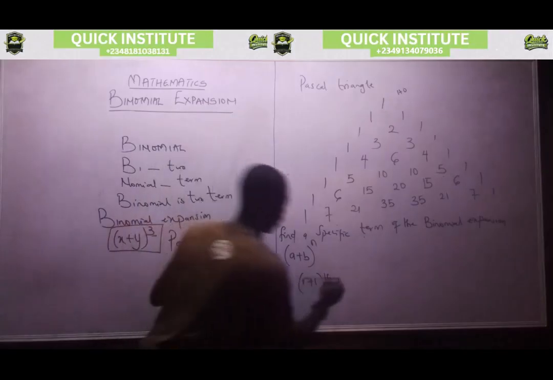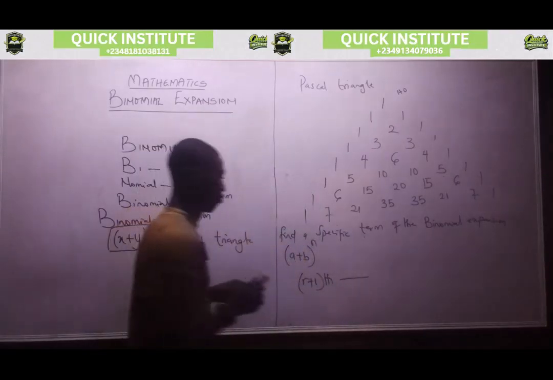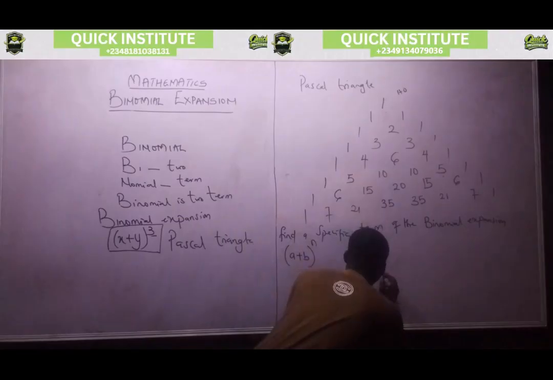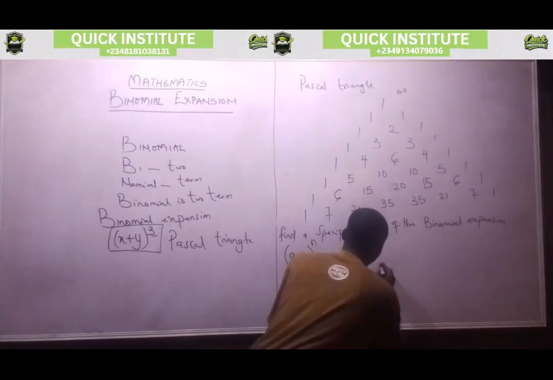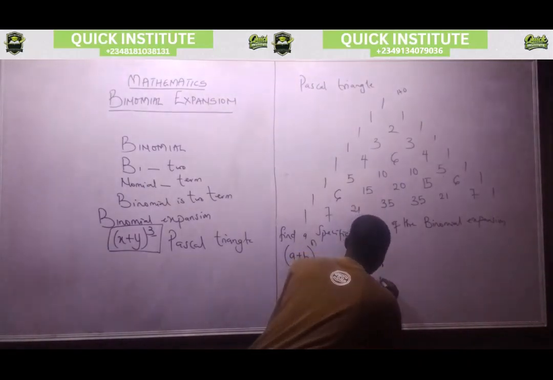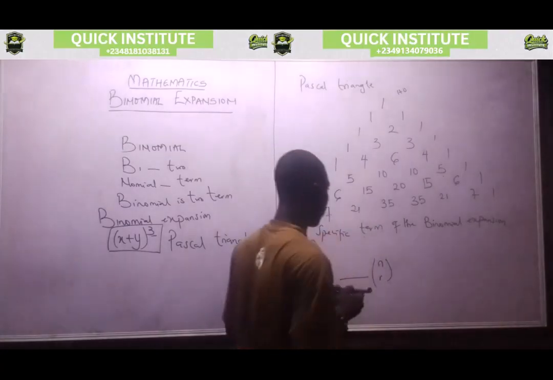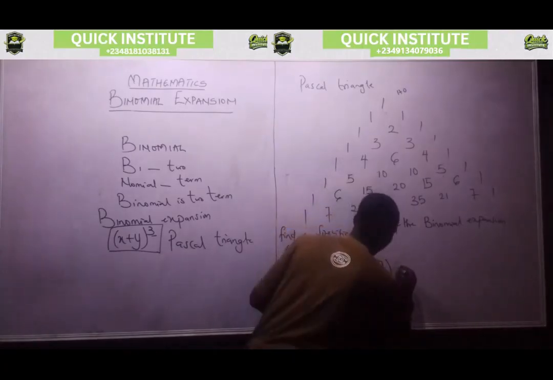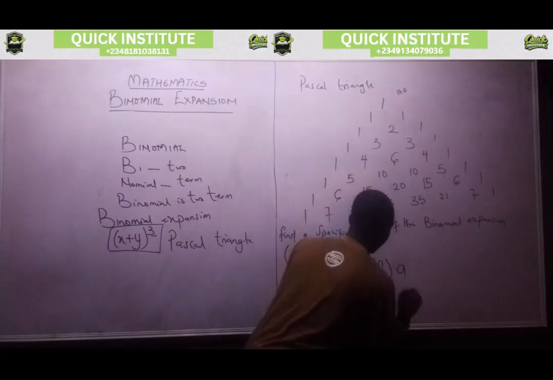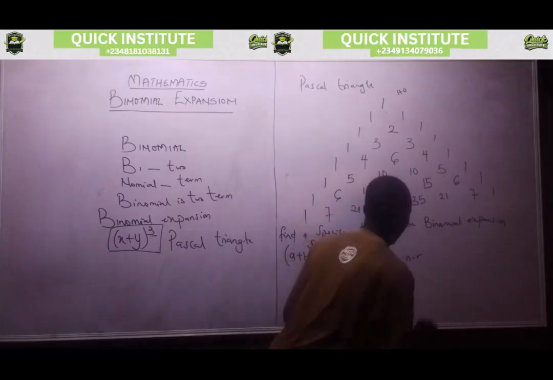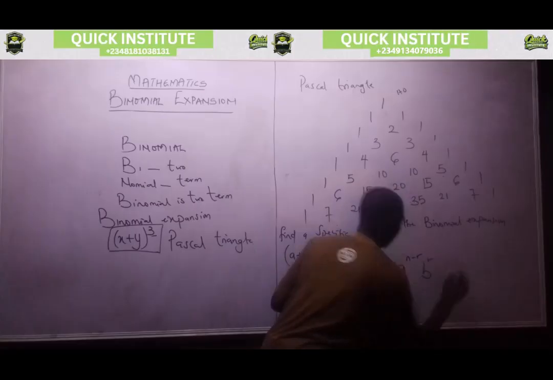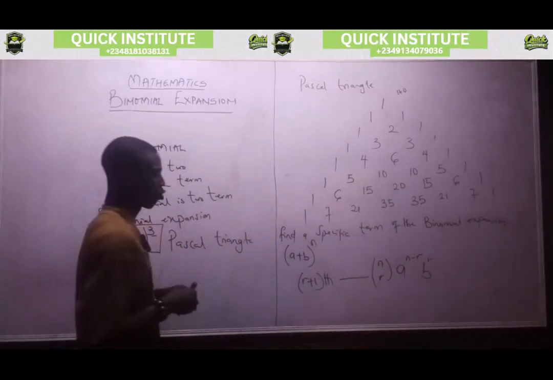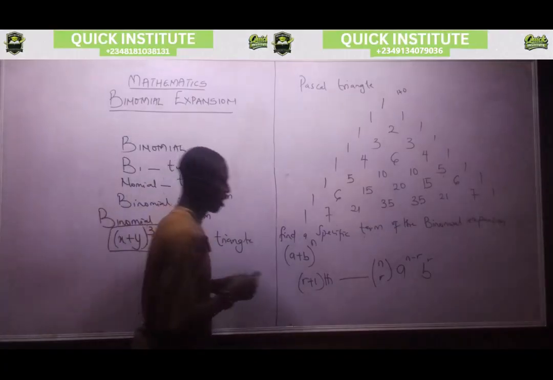And it has a formula which says, let me use x: n combination r, a to the power n minus r, and b to the power r. That's the formula.